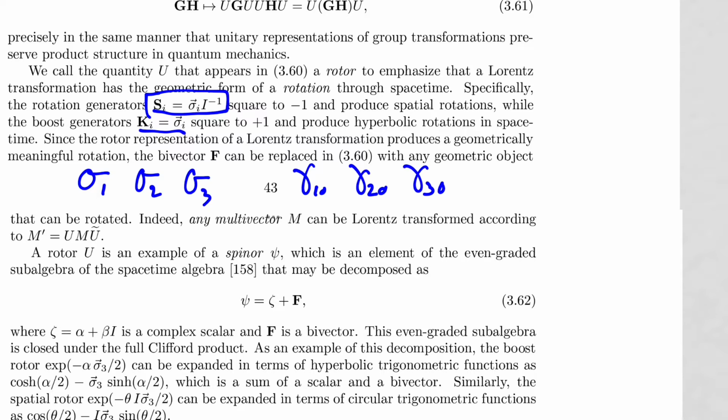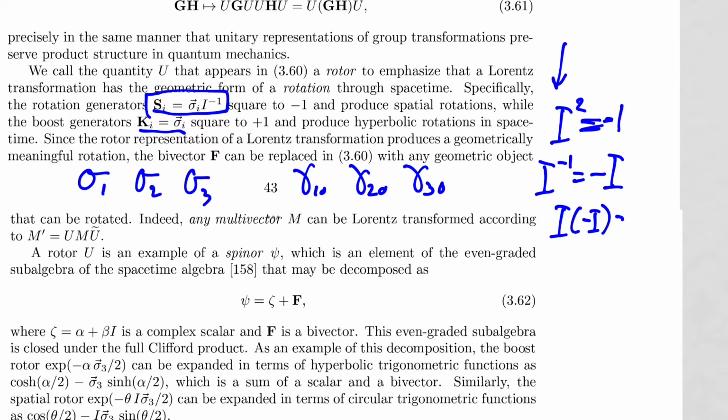Now, remember, I squared equals -1, right? The basis of the pseudovectors squares to -1. So I inverse is just minus I. So you have I times minus I equals 1.